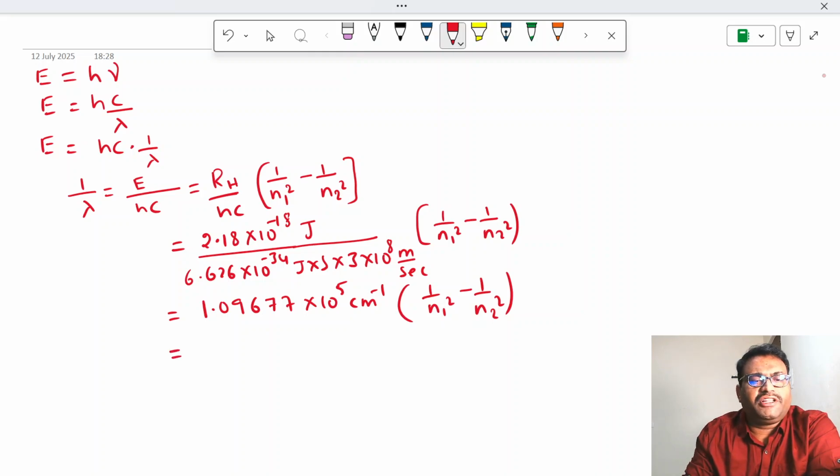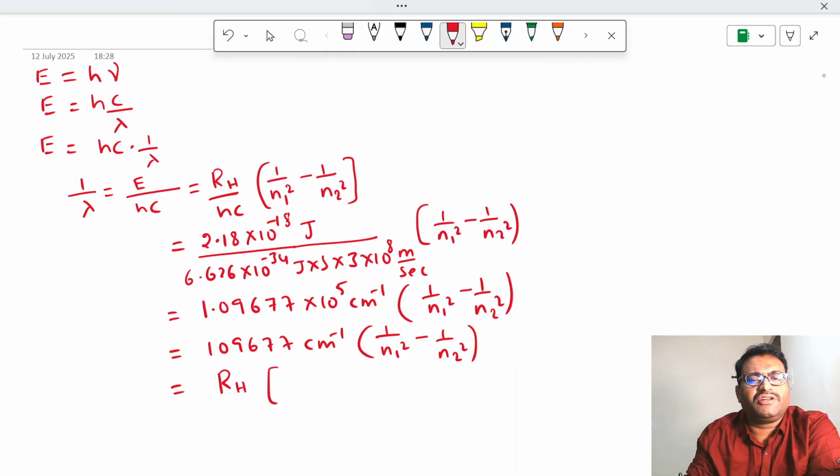So when you multiply this, approximately 109,677 per centimeter into 1 by N1 square minus 1 by N2 square. So this is again called RH, the Rydberg constant.